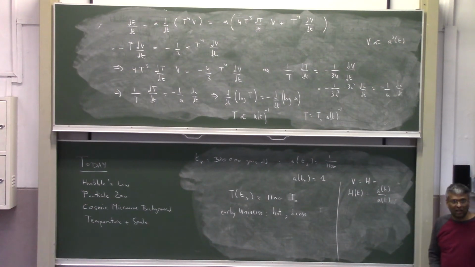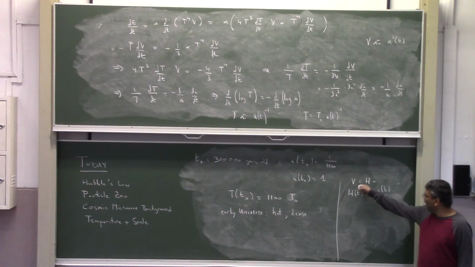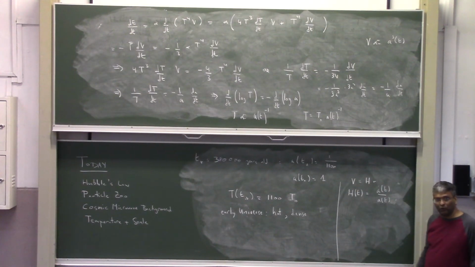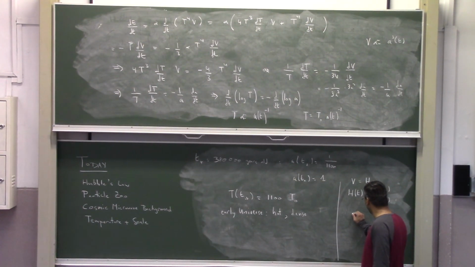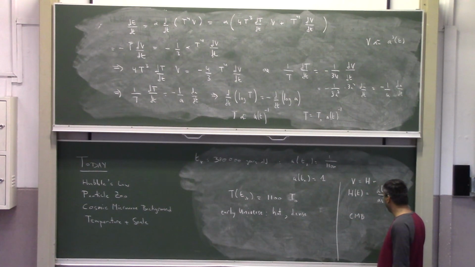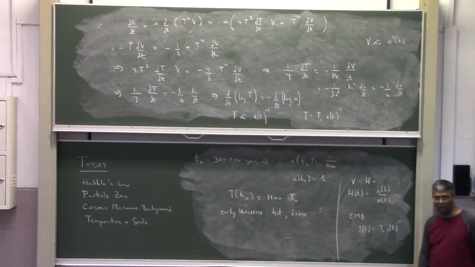So this is essentially the content of Hubble's law. Hubble's law today is that v equals H0 r, but it was also true in the past with a different value of H. And the second thing we want to notice is the universe is immersed in a radiation bath with a given temperature, and the temperature of the universe is inversely proportional to the scale factor. So those are the two key observations that we made today.